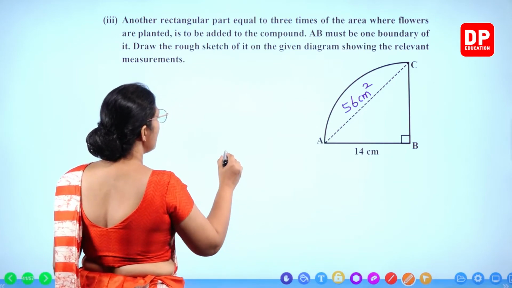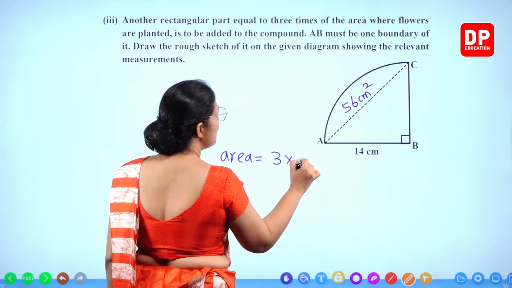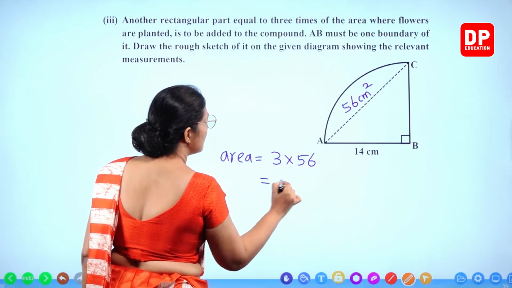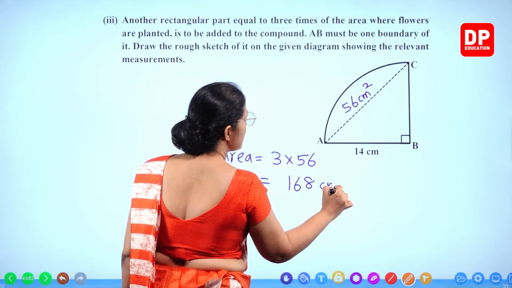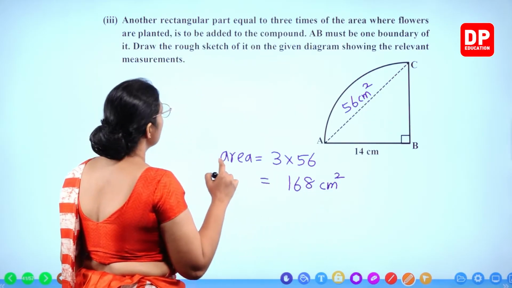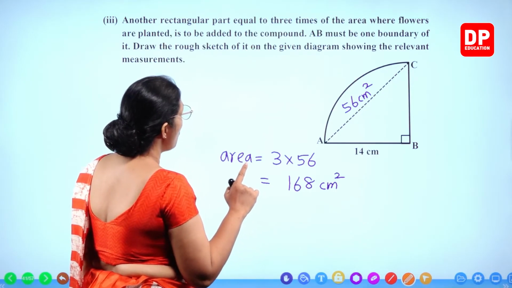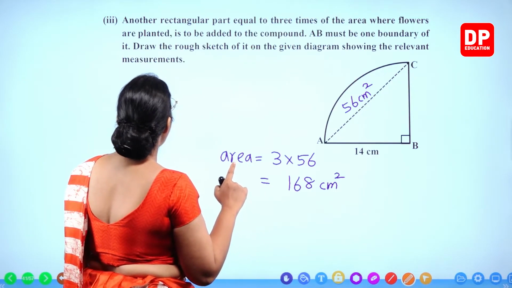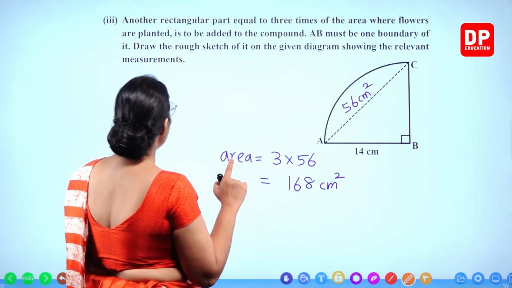So what is the area? 3 times of 56, 168 square centimeters. AB must be one boundary of it. Draw the rough sketch of it on the given diagram showing the relevant measurements.